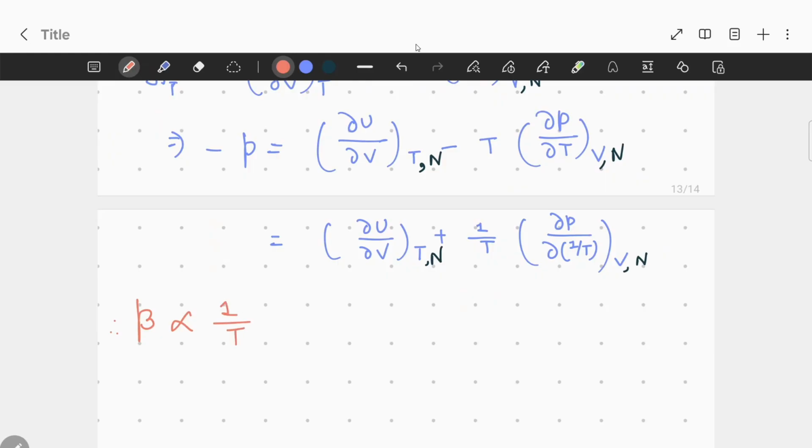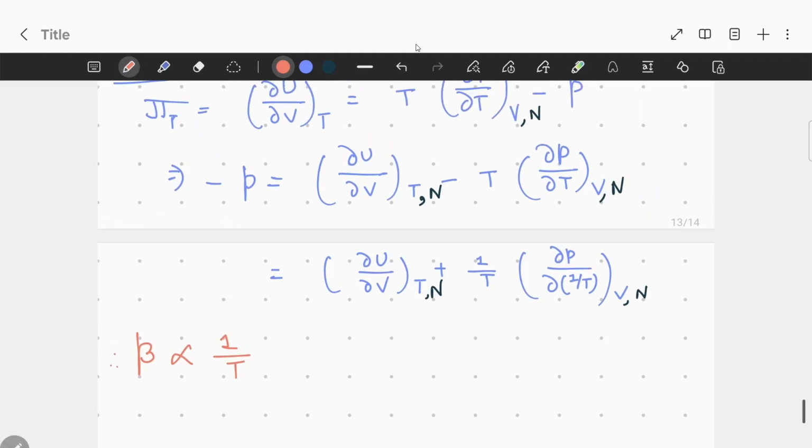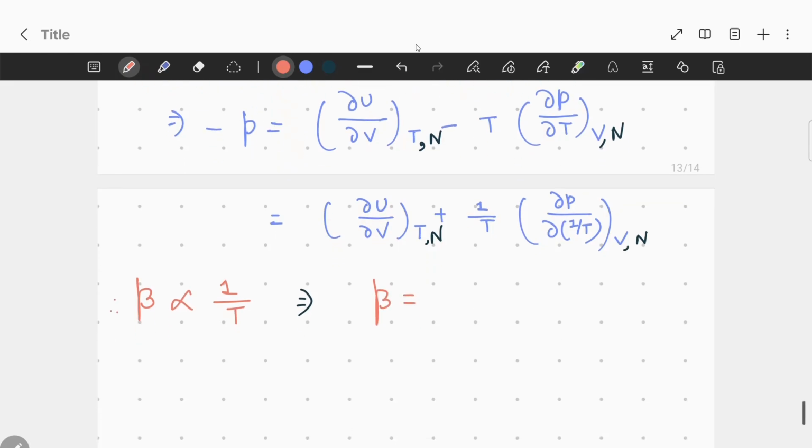Because instead of 1 by T, it may be some constant times T, then also it's true. So that's why it's proportional, not equal. Let's say there is a proportionality constant, 1 by k, then you can write 1 by kT.